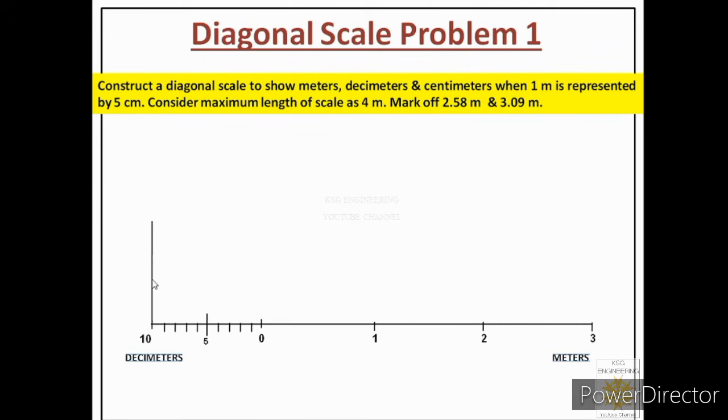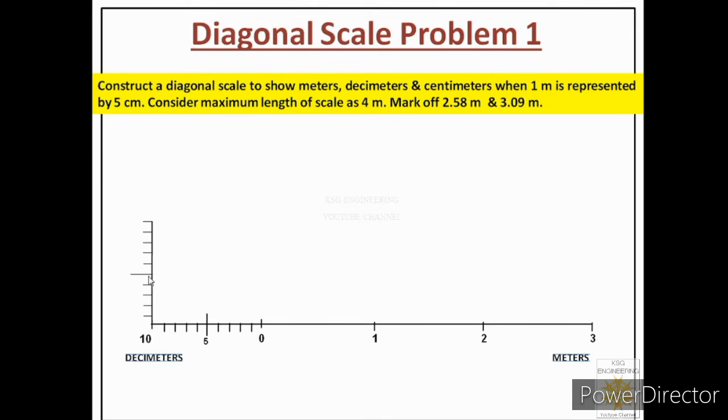So I have to make 10 such parts, and the length of this vertical line will be 5 centimeters. I will draw this vertical line of 5 centimeters, and with the help of a scale I will make 10 divisions, and the length of each division is 0.5 centimeters. In this way we will make 10 equal parts.